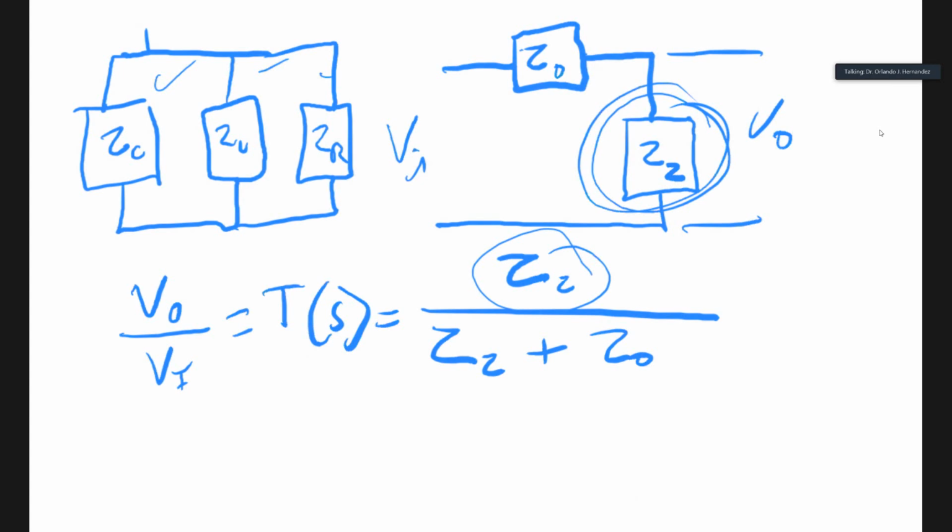And this can also be written in terms of an admittance if it's convenient. So without any loss of generality, this will become y0 divided by yz plus y0.